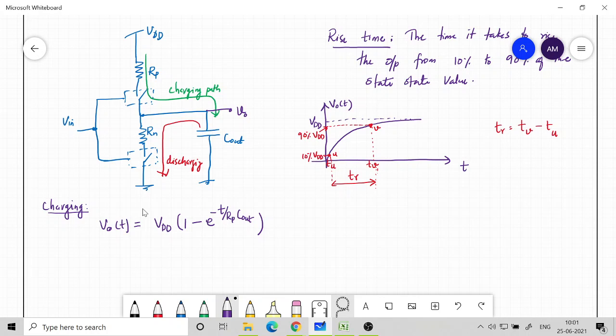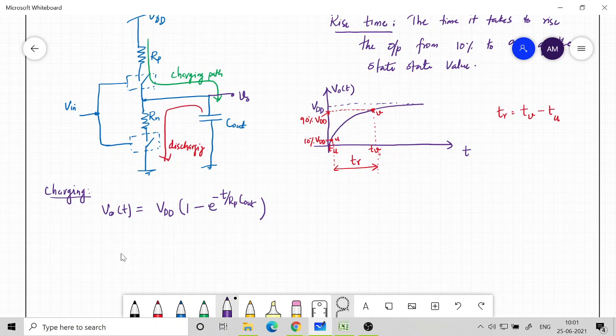So now in this expression we have to look at 2 points. One is the 10 percentage point. So at point U, what is the situation? We will have 0.10 percentage, which means 0.1 VDD is equal to VDD into 1 minus e raised to minus TU by RP C out.